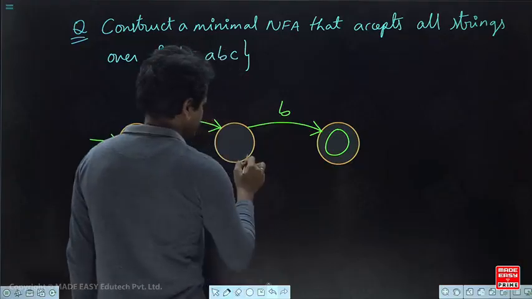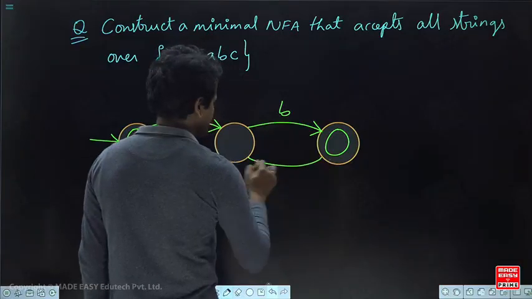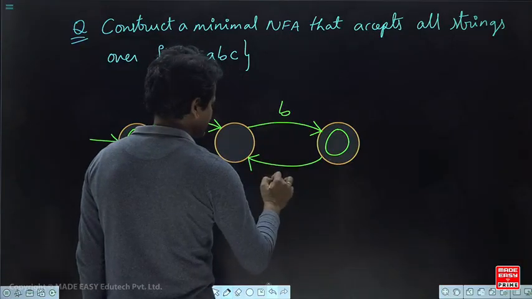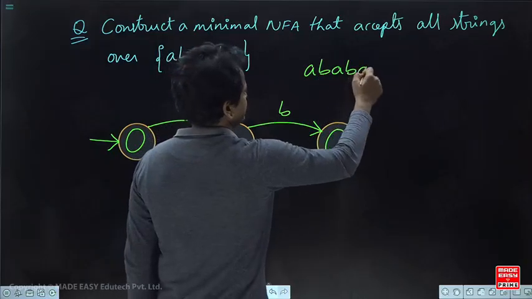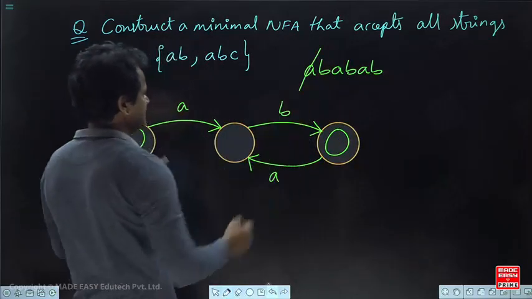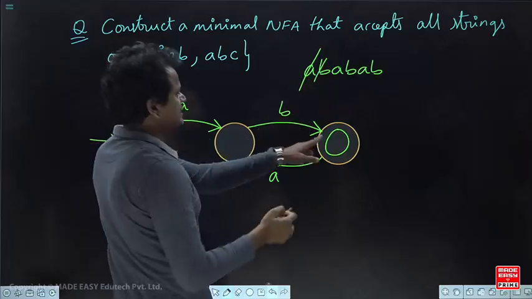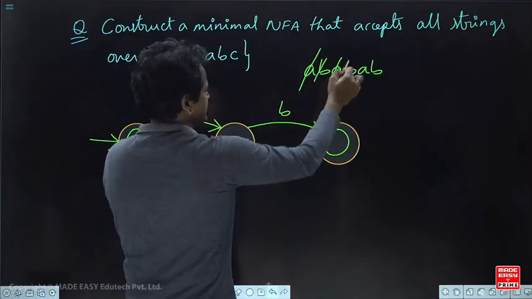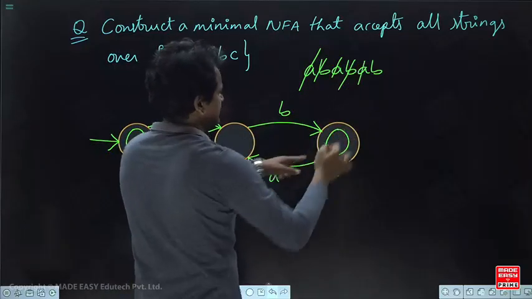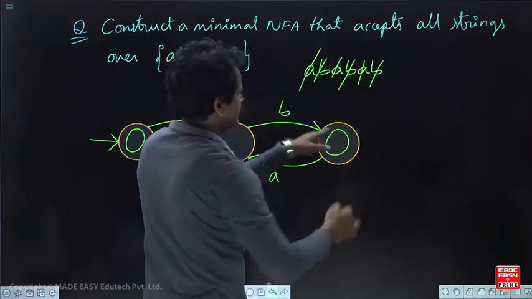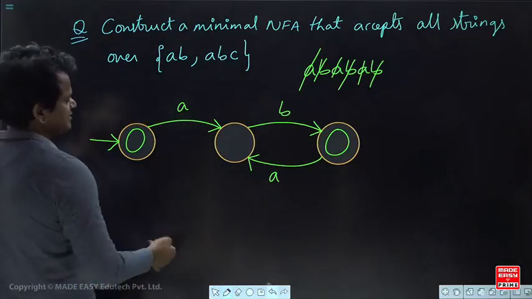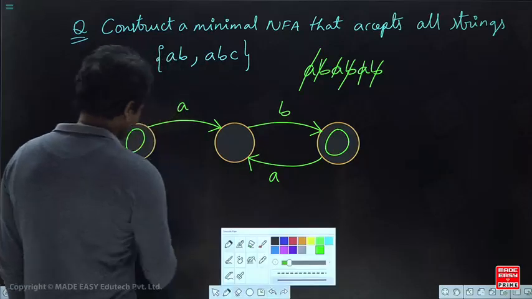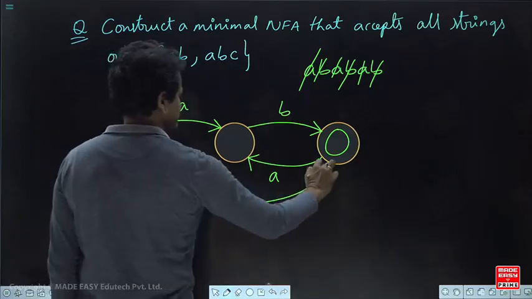Next, it can be any number of AB. So A, it comes here. B, it comes here. A, it comes here. B, it comes here. A, it comes here. B, it comes here. Okay, now the AB part is done. If it is ABC, then it is simple, guys.